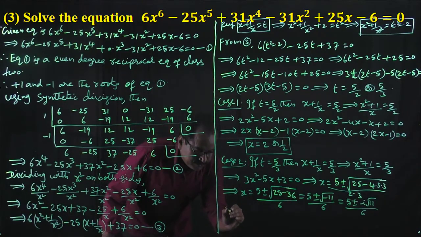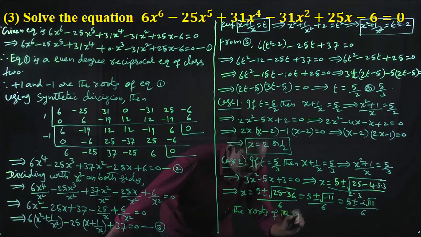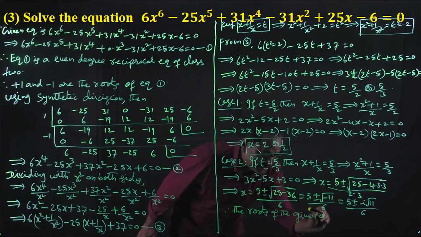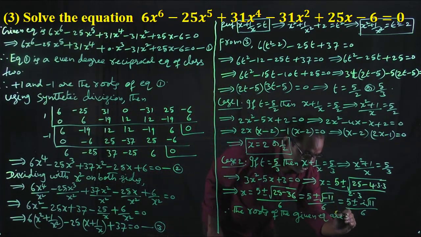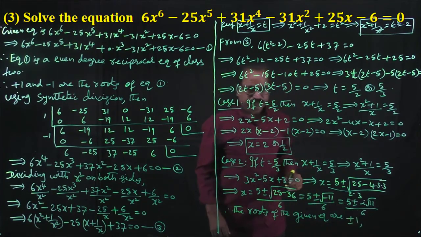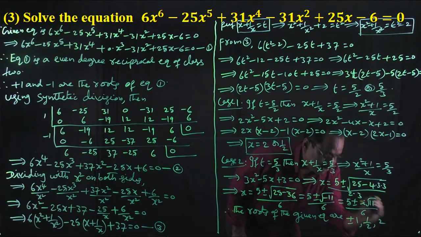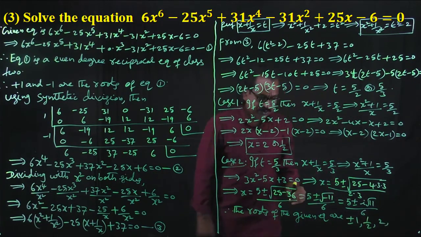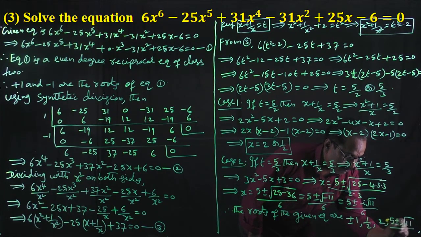Therefore, the roots of the given equation are: plus or minus 1 are also roots. So plus or minus 1, in case 1, 1 by 2 and 2, in case 2, 5 plus or minus i root 11 by 6.